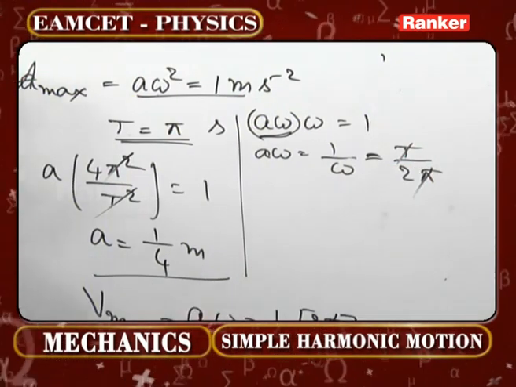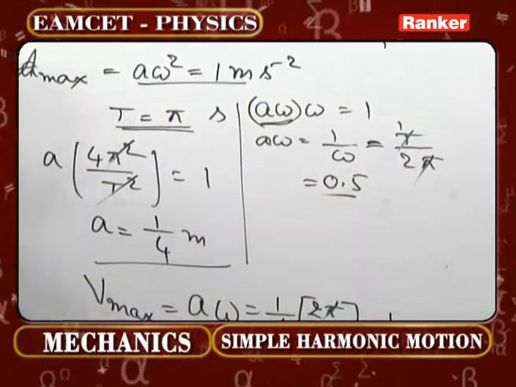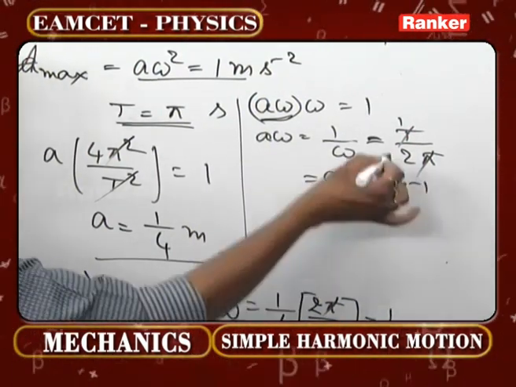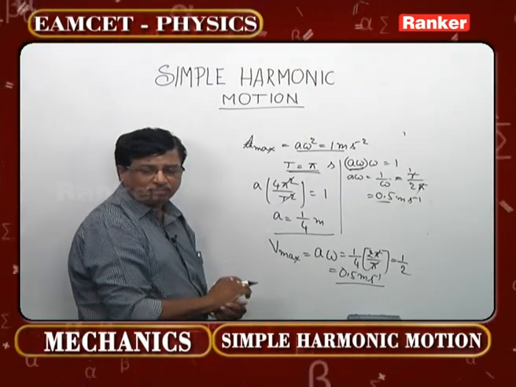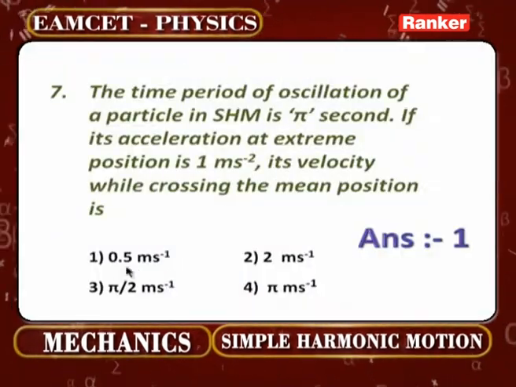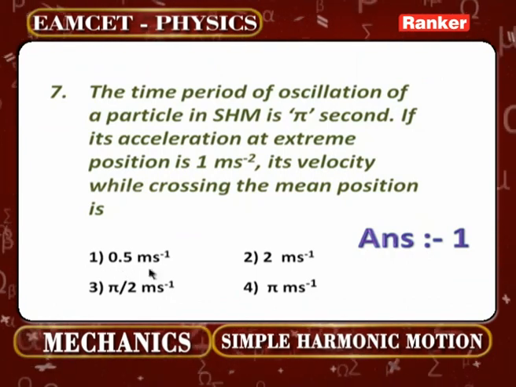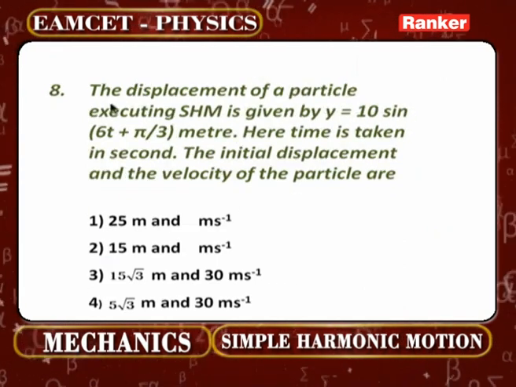T and pi are equal, they get cancelled. 1 by 2 again. Once again you are getting 0.5 meter per second. Whether you go by this method or the direct method, the ultimate answer that tallies is the first option, 0.5 meter per second. That is the maximum velocity.